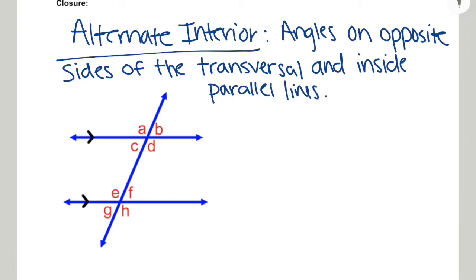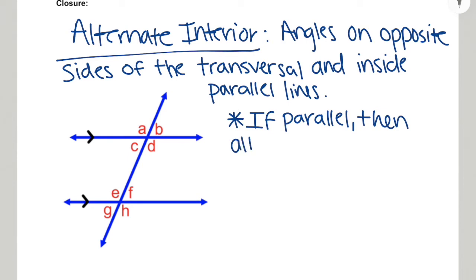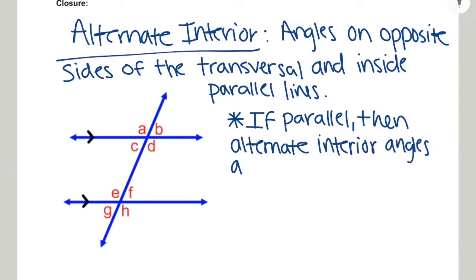Technically they can just be inside lines, but for them to have a special relationship of being equal, they would need to be parallel. So, if parallel, then alternate interior angles are equal, but I'm going to use congruent today to reiterate our new word.